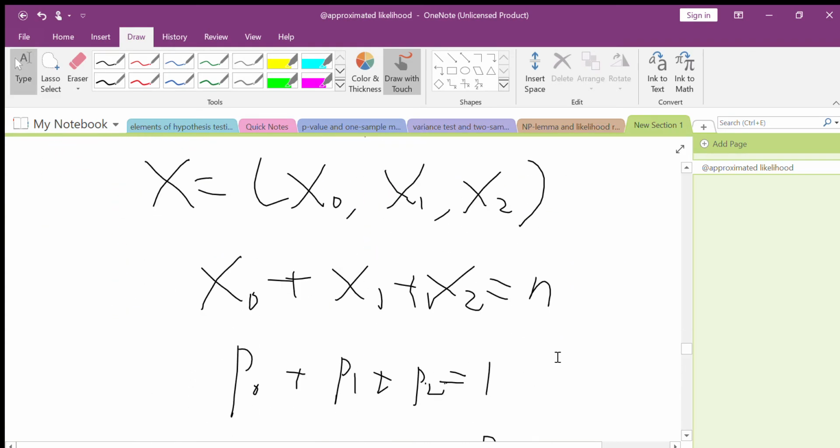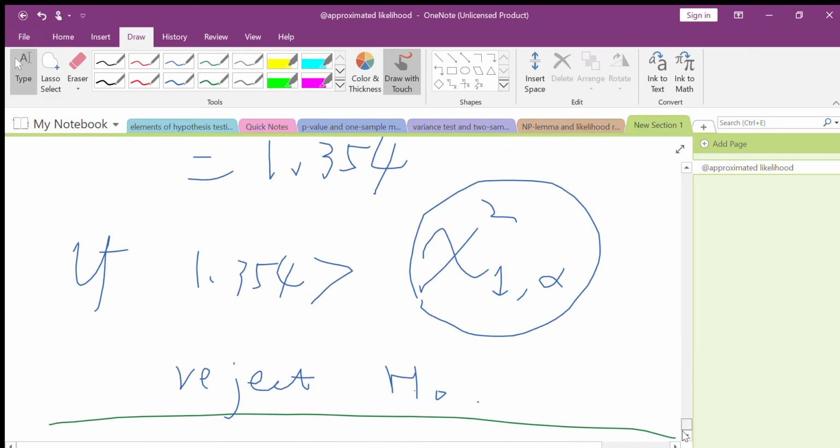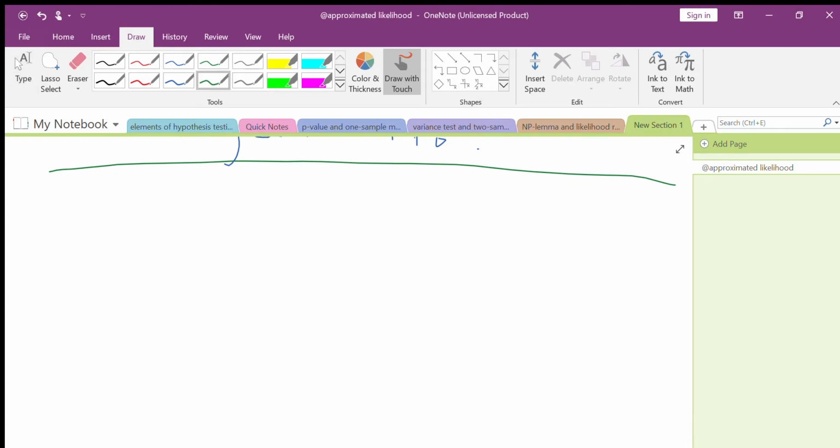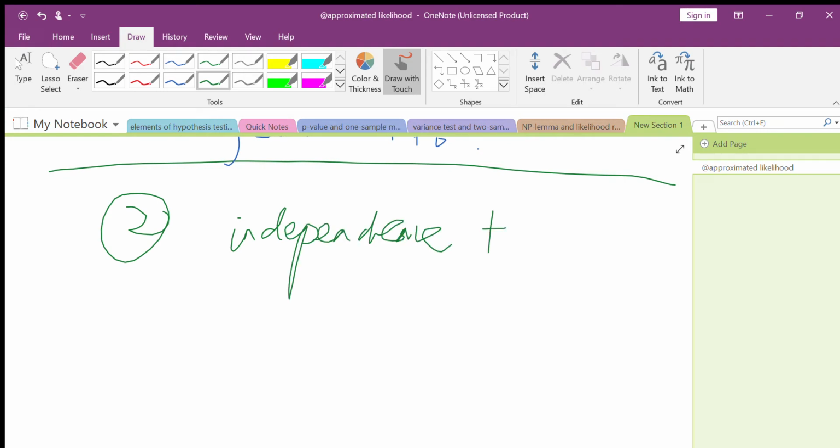So let's look at the second application, the independence test.